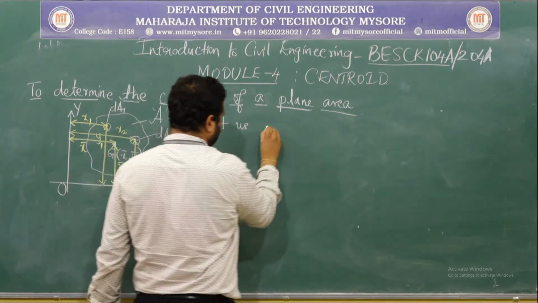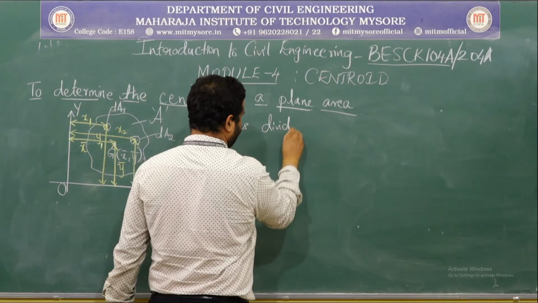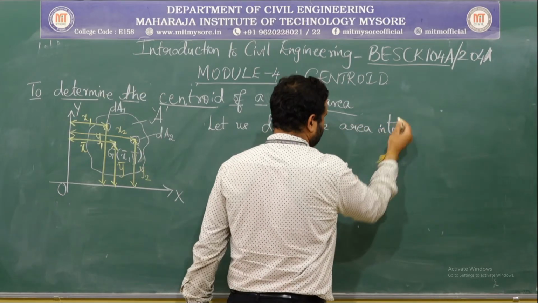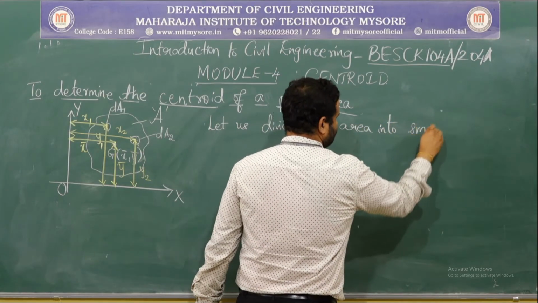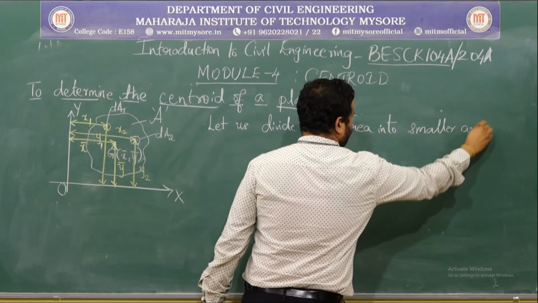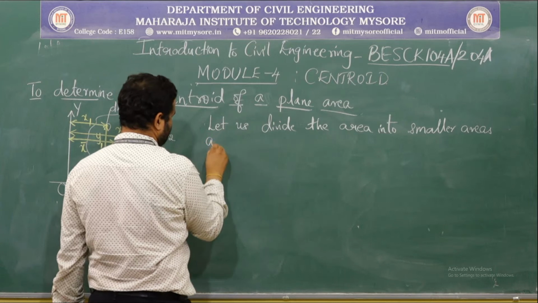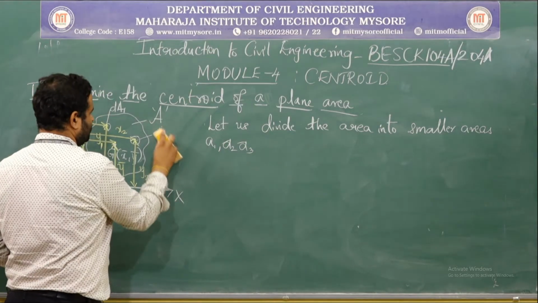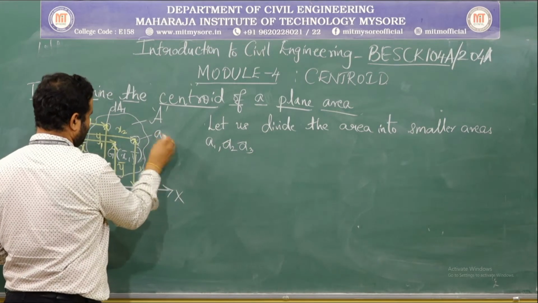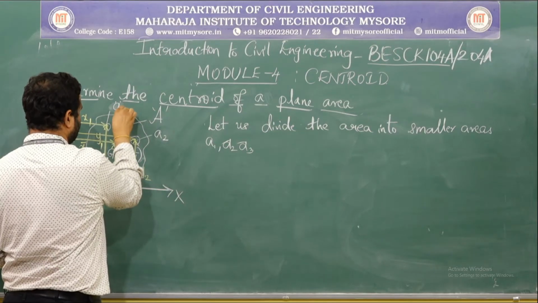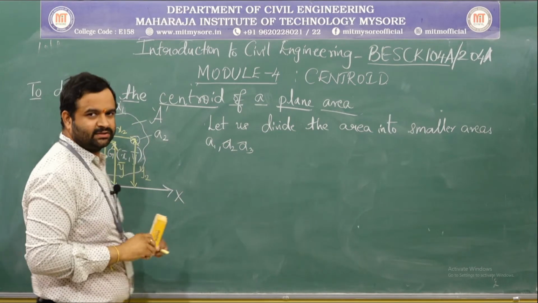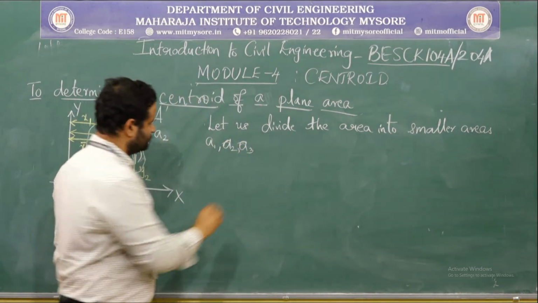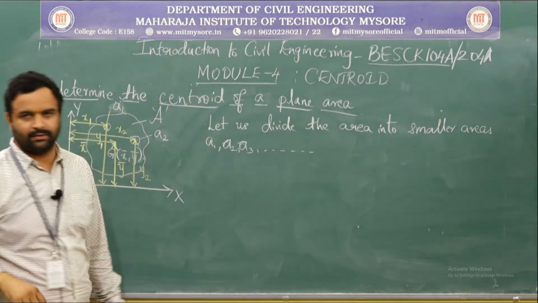Let us divide the area into smaller areas, say A1, A2, A3. Sorry, let me change this as small a2 and this as small a1. Smaller areas a1 and a2, a3, etc., as shown in the figure.